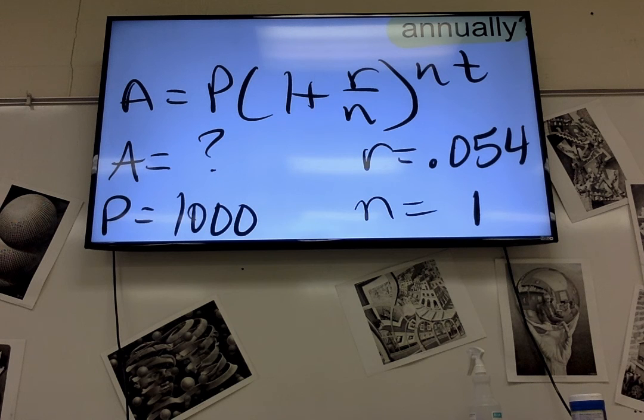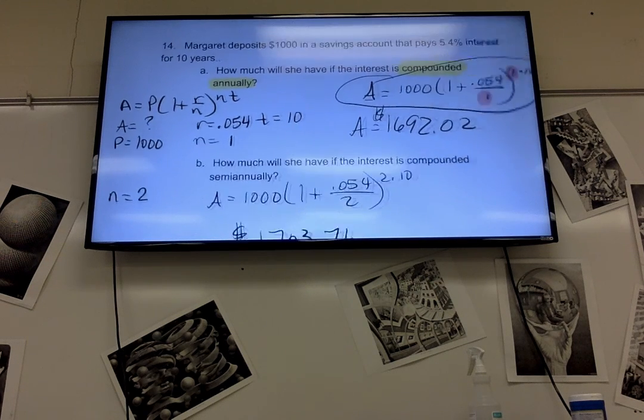And anytime they say compounded, that's when you use that formula instead of simple. That's the one when I was gone and I sent videos. Does that help? Okay. Good. Yeah, that's important to know.